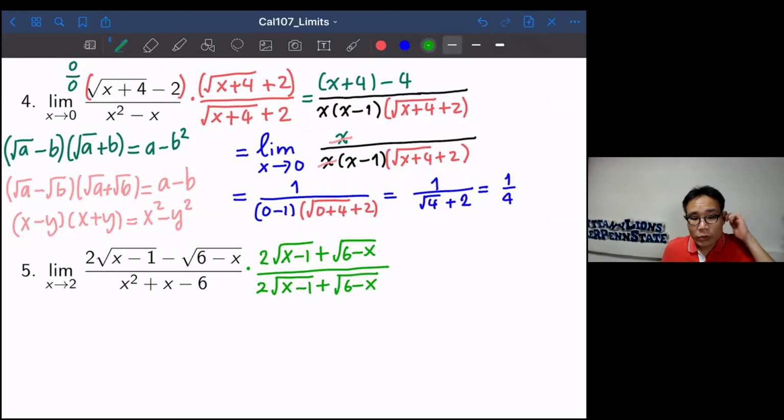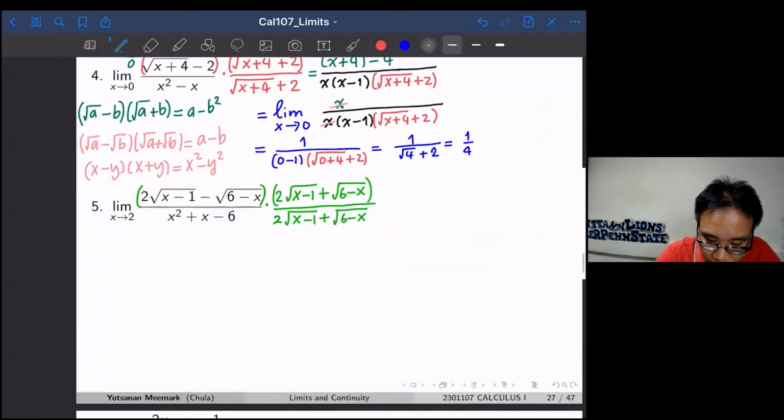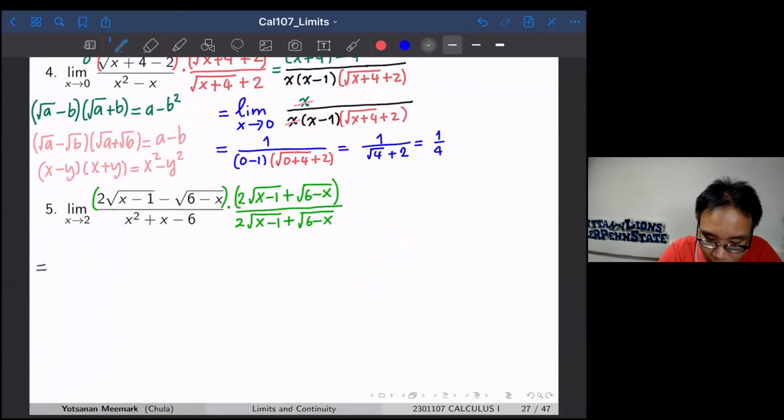So you multiply this one, you get these two guys, and then you get limit x go to 2, and you're gonna have the black guy.